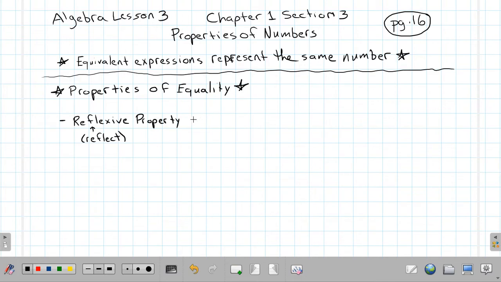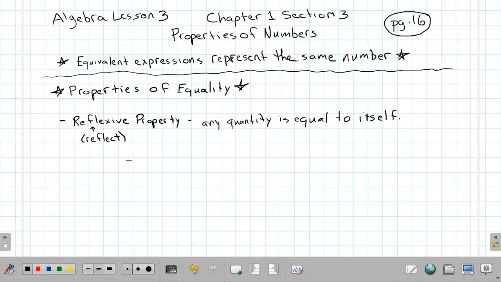So what this property tells us is any quantity is equal to itself. Okay, so if you've got something on one side of the equal sign, this property tells us that it's equal to itself.